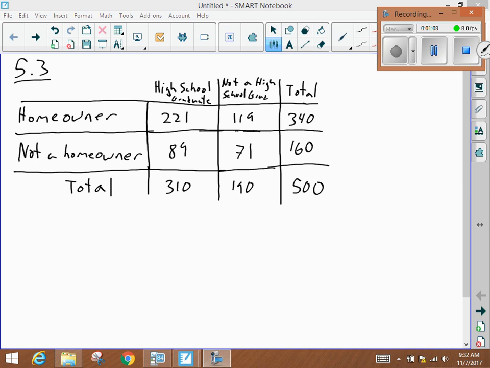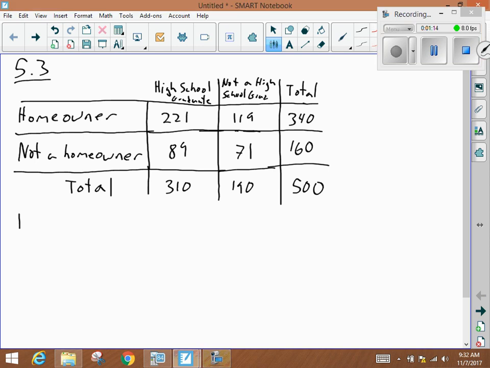What we're actually asking is, what is the probability that they are a high school graduate, and we use the word given. I'm going to underline it in this case because that's the main operative word here. Given owns a home.